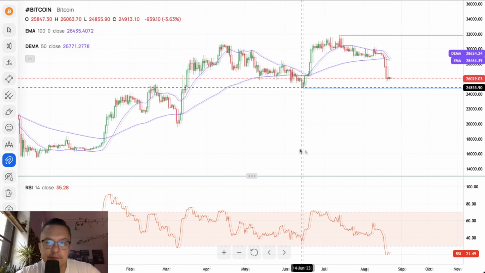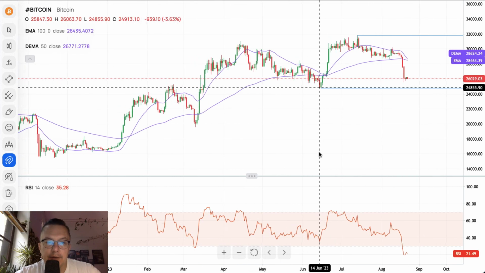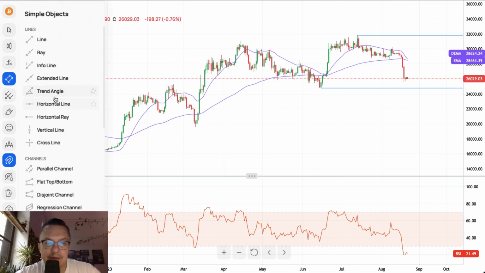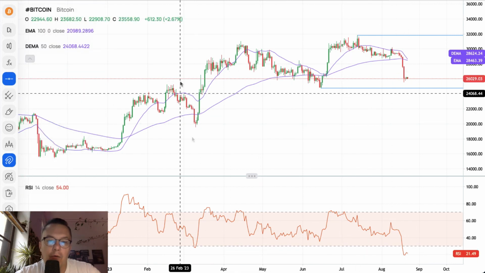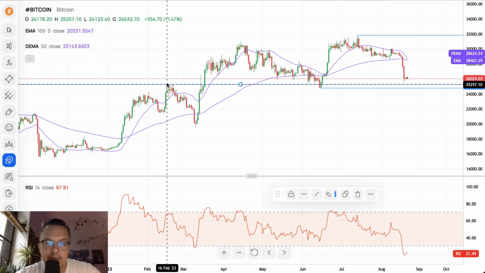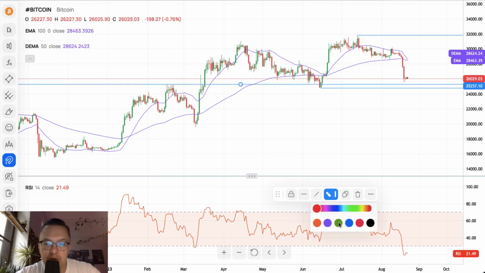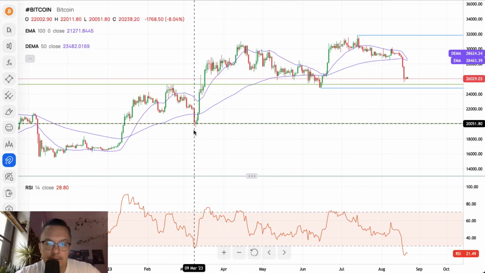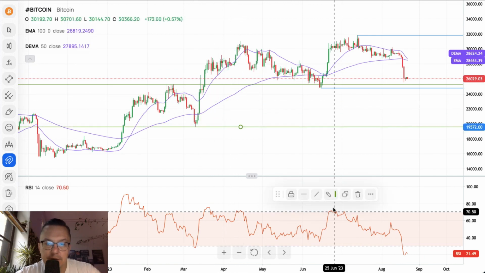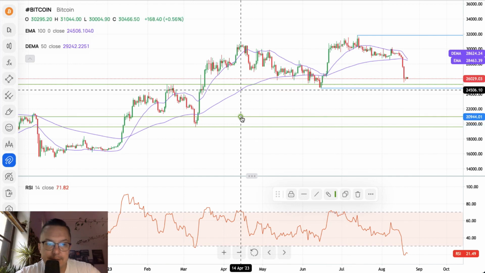Okay, so the outlook for Bitcoin is still to the upside, especially because we are extremely oversold. And from the technical point of view, there's supposed to be some sort of a bounce here on Bitcoin. So there is no need to panic just yet.